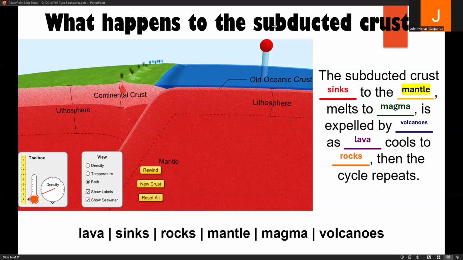Kasi yung mga bato eventually, yung lava pag natuyo as bato, the bato will become part of the crust again, and then the oceanic crust would subduct under the continental or a younger oceanic crust, and then it will become part of the mantle as magma, then isasabog na naman ng volcano as lava, then matutuyo as bato. So this is how the planet Earth recycles its own matter, its own landforms.